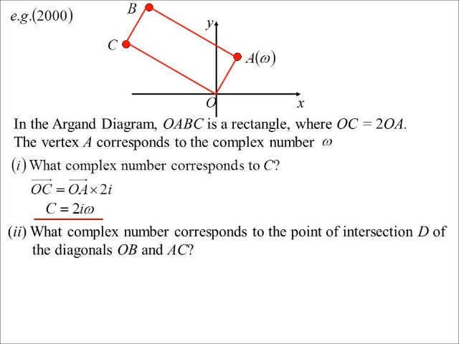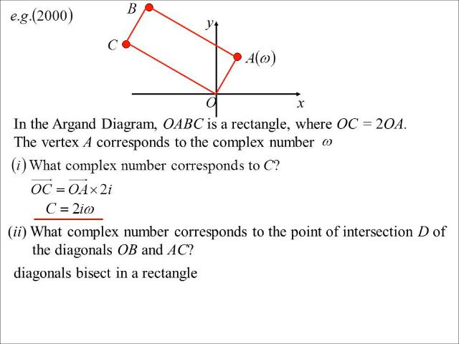Part 2. What complex number corresponds to the point of intersection D of the two diagonals OB and AC? Okay. Well, I know the diagonals will bisect. I think that's the key. Knowing that gives me a nice quick way of doing it, because if they bisect, then all I have to do is find the midpoint of either OB.